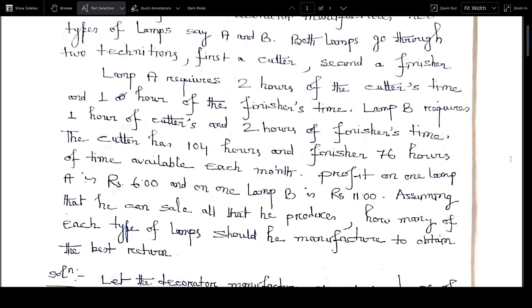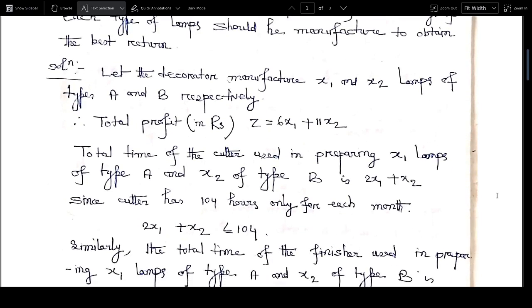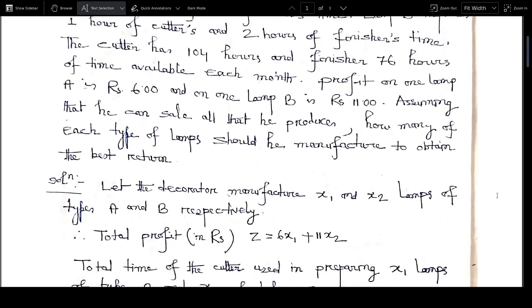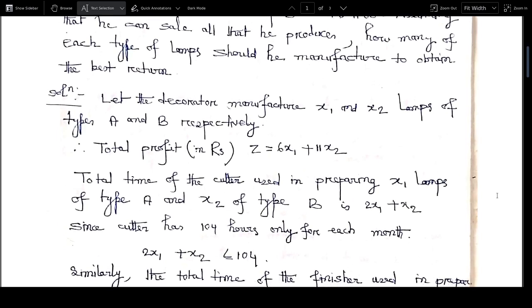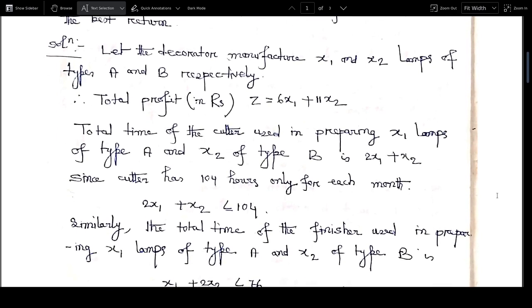Next, you see the cutter's required time. For x1 lamps of type A, how much time is required, and for type B we consider x2. So lamp A requires 2 hours of the cutter's time and 1 hour of the finisher's time.